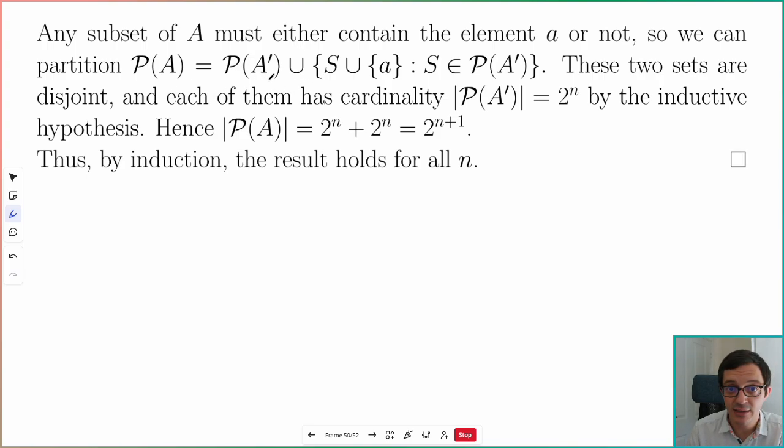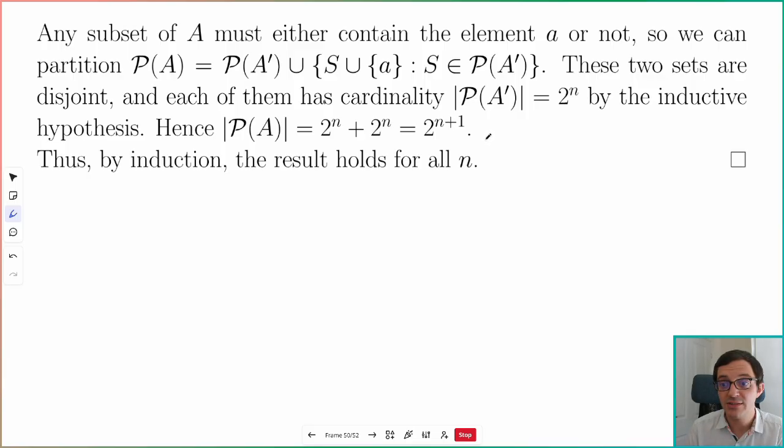If you don't have a, then your subset is a subset of A prime. Or things that were almost a subset of A prime, except they've also got this element a in. And the element a from that set difference is sort of a new element that's not in A prime.